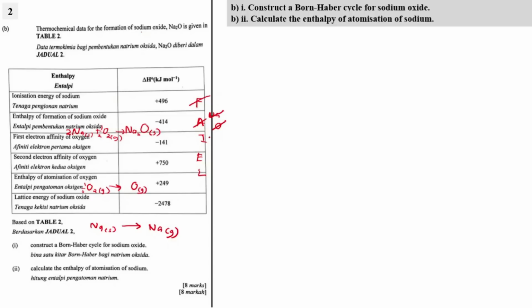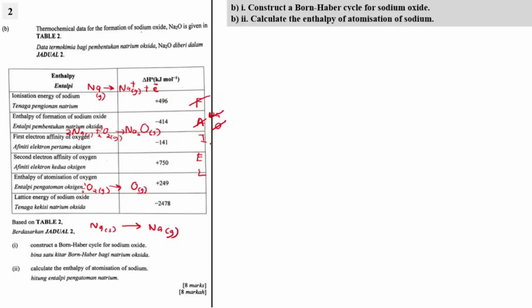Now we need to do the ionization energy for the Na, which is our metal. Ionization energy is for the metal. So ionization energy means it needs to remove 1 mole of electron from its gaseous atom. So from Na gaseous atom, it's going to become Na plus gaseous ion plus 1 mole of electron.